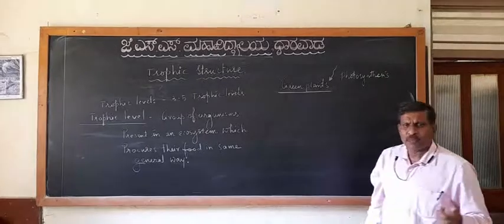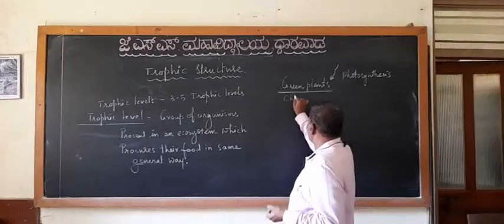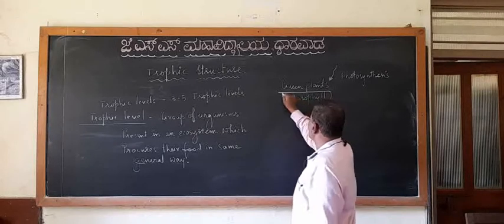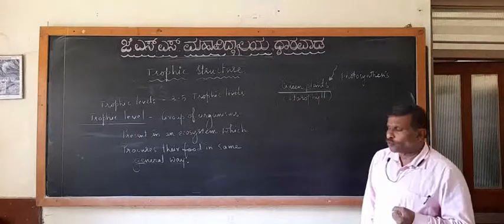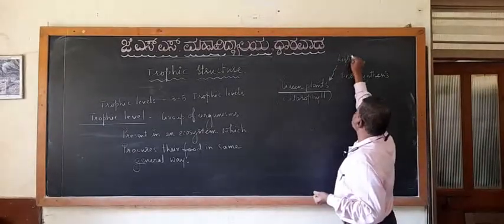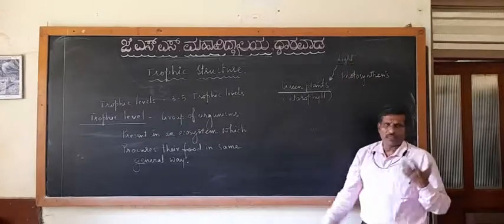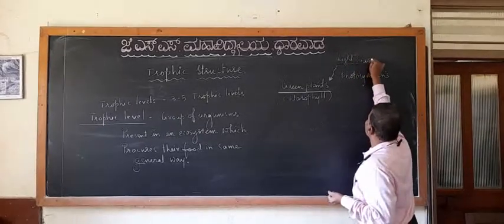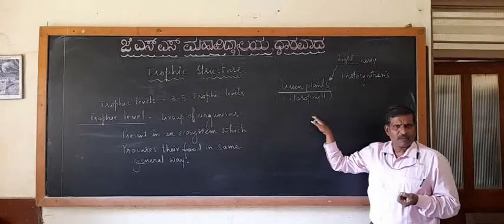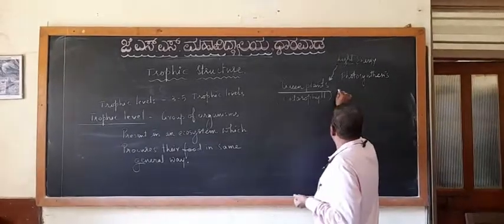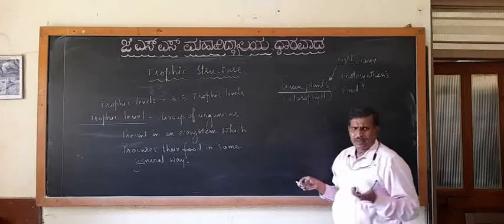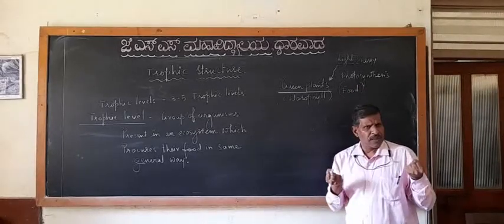Because you know that all the green plants have the light harvesting pigment called chlorophyll. With the help of chlorophyll, they can carry out the process of photosynthesis. In photosynthesis, light energy is used. By using the light energy, all these green plants produce the food. The way of getting the food is the same.